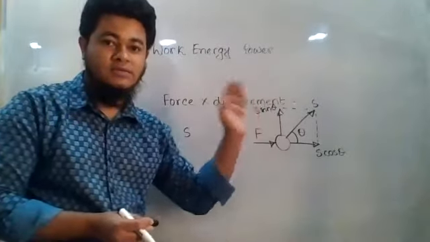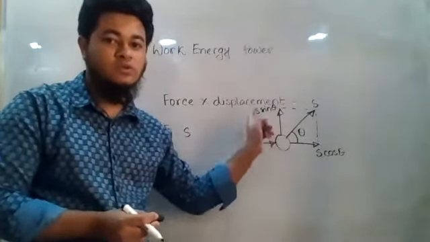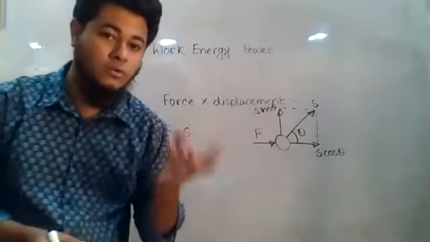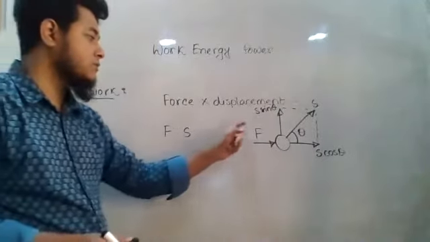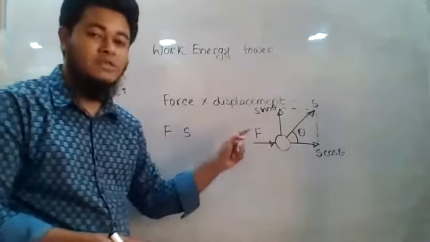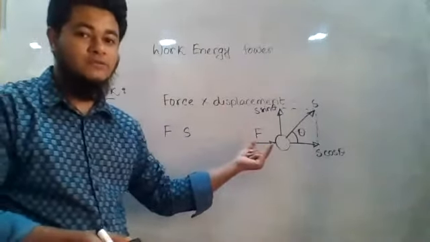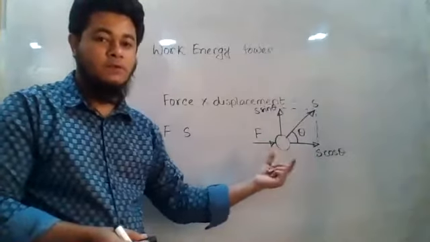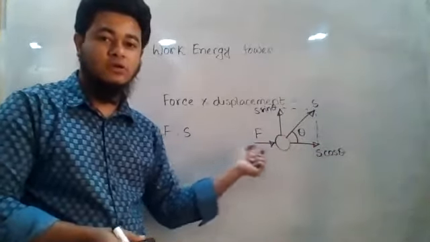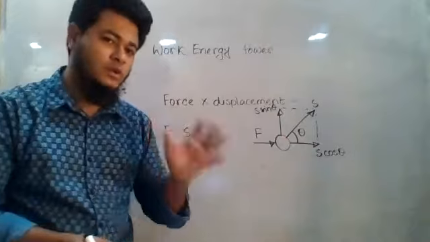S sin theta, this displacement is not along this force, so this will not contribute to our work. If you want to say what is the work done by this force, you have to multiply this force into S cos theta, because this is the displacement that is being caused due to the application of this force. Do you understand my point?